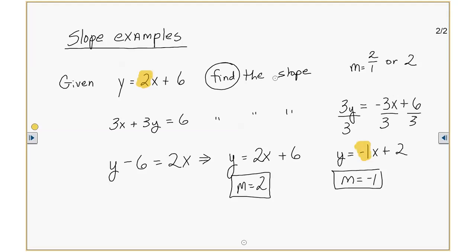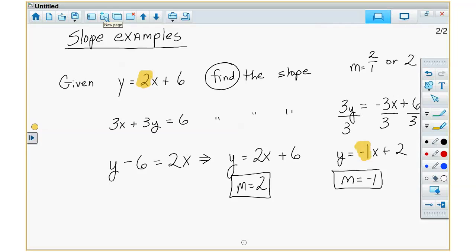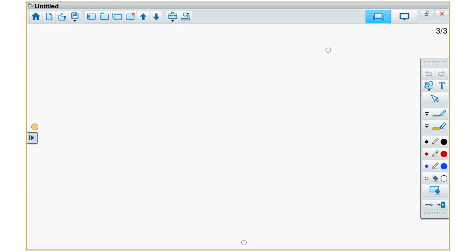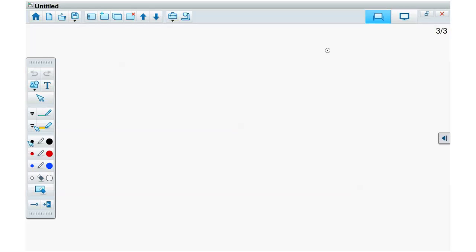There's 3 examples of finding the slope. All right, now, with calculating the slope, you may have 3 different type questions. 1, let me just find or calculating the slope.